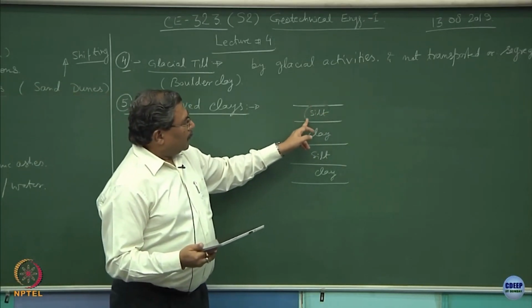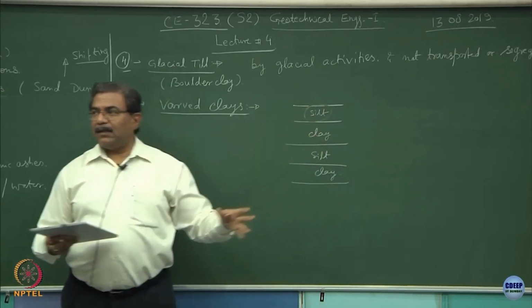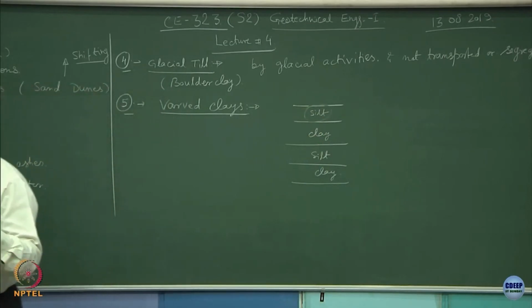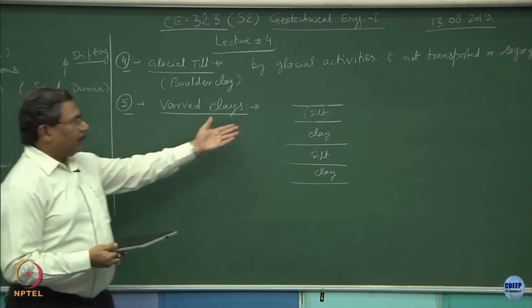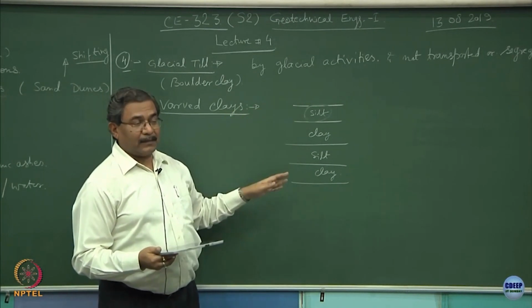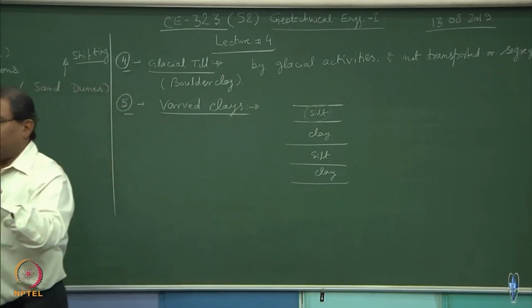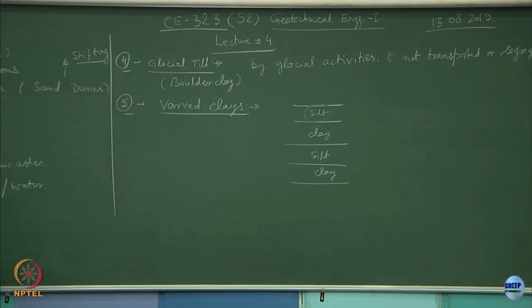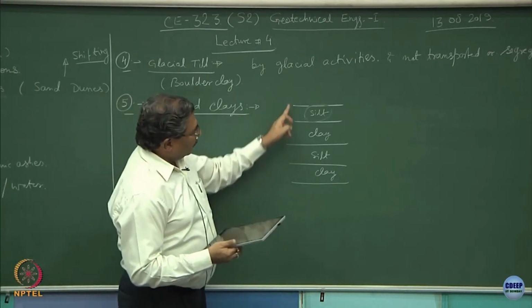To understand quickly, silt, clays, boulders are nothing but the sizes of the soil particles, clear. These are types of soils depending upon their physical attributes, nothing more than that. So, if I use the classification system of how the particle size looks, what the shape is, what the morphology is, under this category this type of deposit comes.